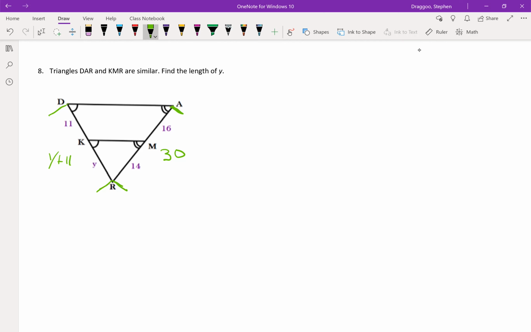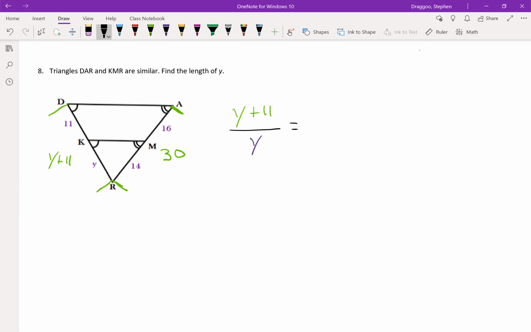So if I go about setting up ratios as established in the previous problem, I could end up with y plus 11 divided by y, in this case will be in purple.